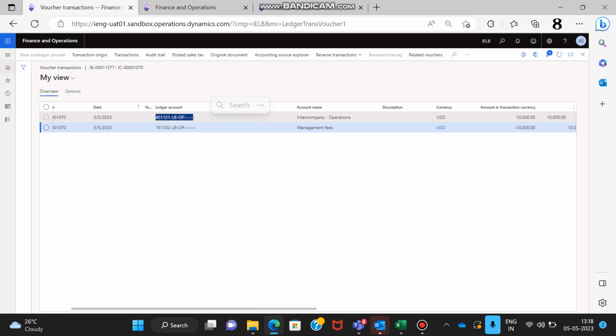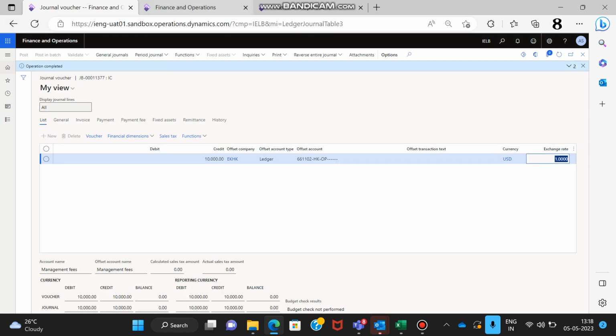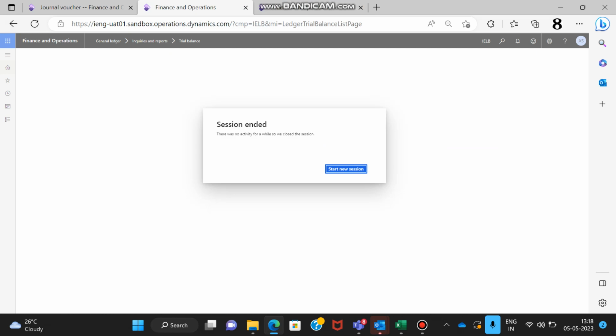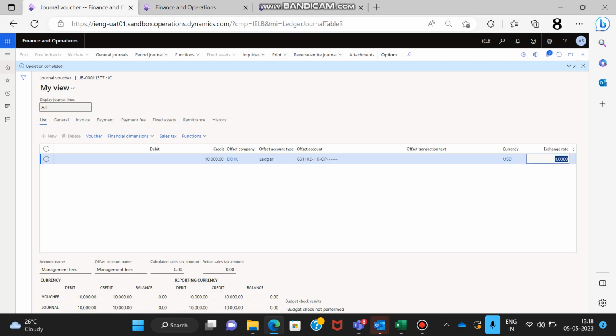So automatically the GL has been linked between the relationships of Anjing Lebanon and Equistock Hong Kong, and accordingly the GL is selected and the transaction is posted. The similar effect is also given in the books of Equistock. So this is how the new mechanism is introduced.